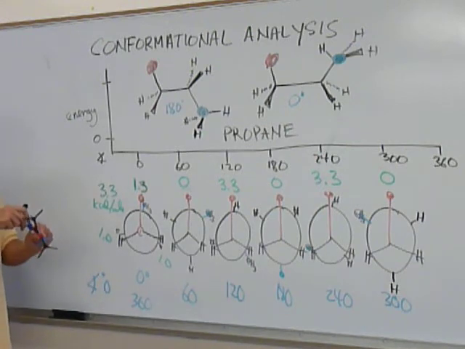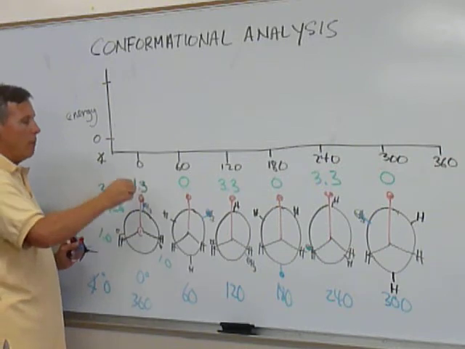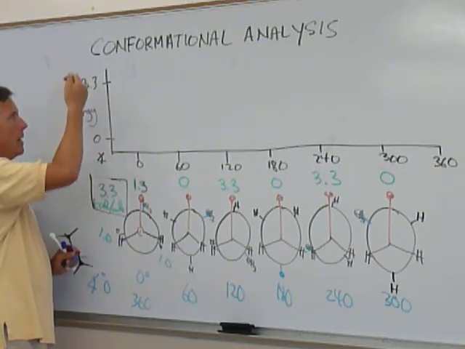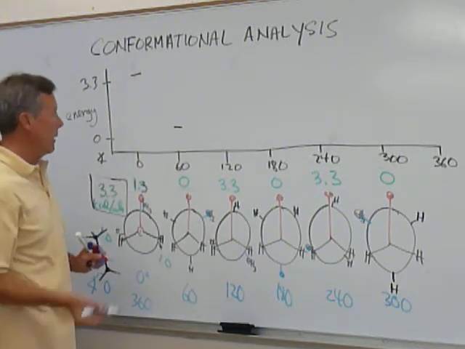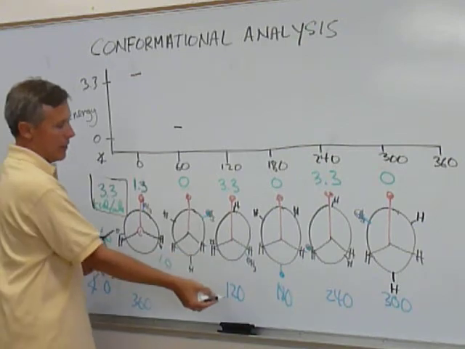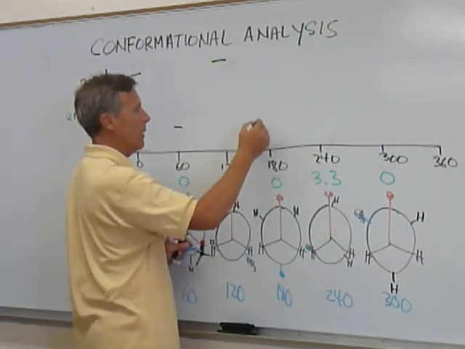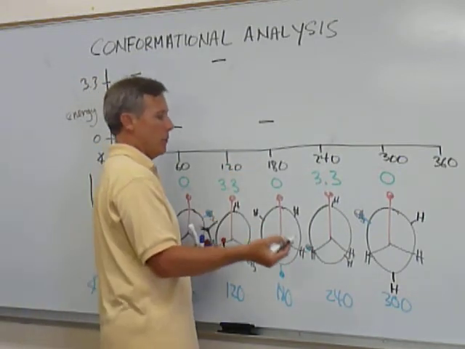And now we can plot this on our handout by looking at dihedral angle of 0 being 3.3, marking it as 3.3. Dihedral angle of 60, that's the energy value of 0. Dihedral angle of 120, 3.3. Dihedral angle of 180, anti, of 0.